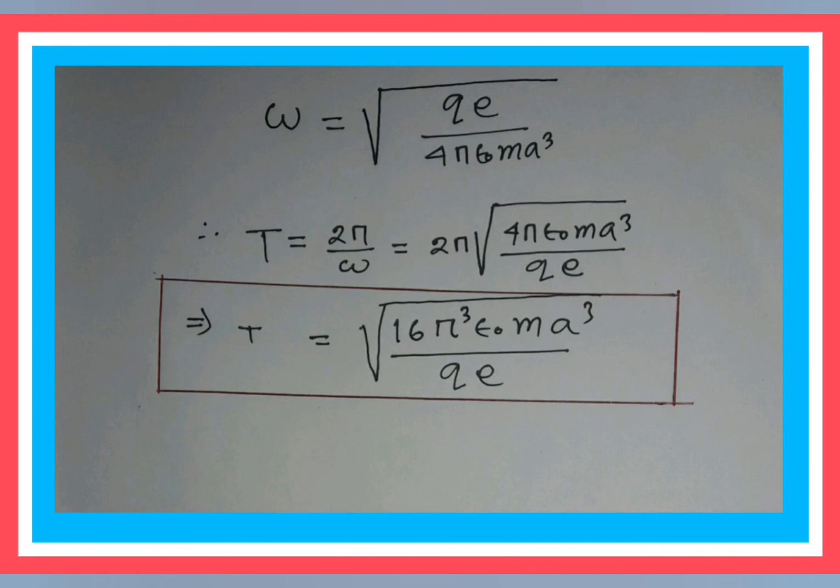This is the angular frequency of the oscillation of the electron, and the time period of oscillation capital T is given by 2 pi by omega, and we get the time period T equal to under root 16 pi cube epsilon naught m a cube by Q e.